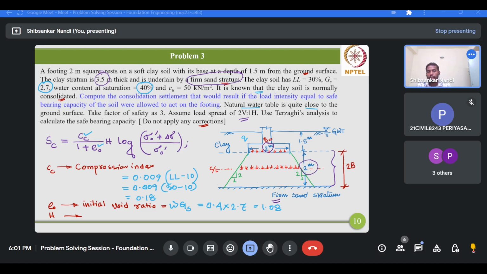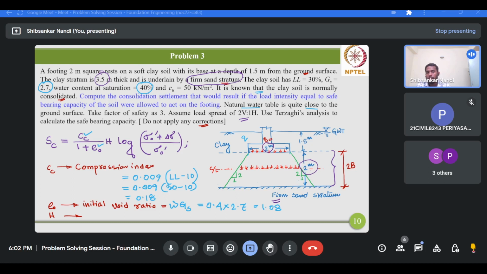However, we are getting the clay stratum thickness as 2 meter, so that is less than the influence zone, and the clay stratum is underlain by a firm sand stratum. Therefore there is no need to consider this firm sand stratum in the calculation of consolidation settlement.